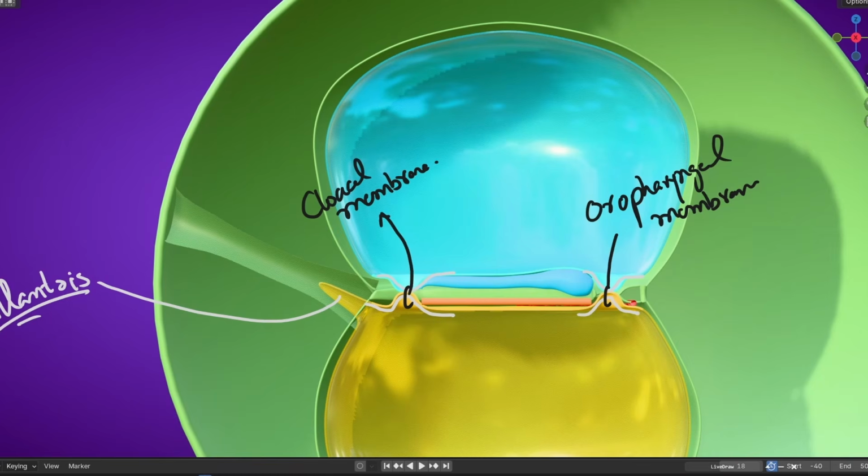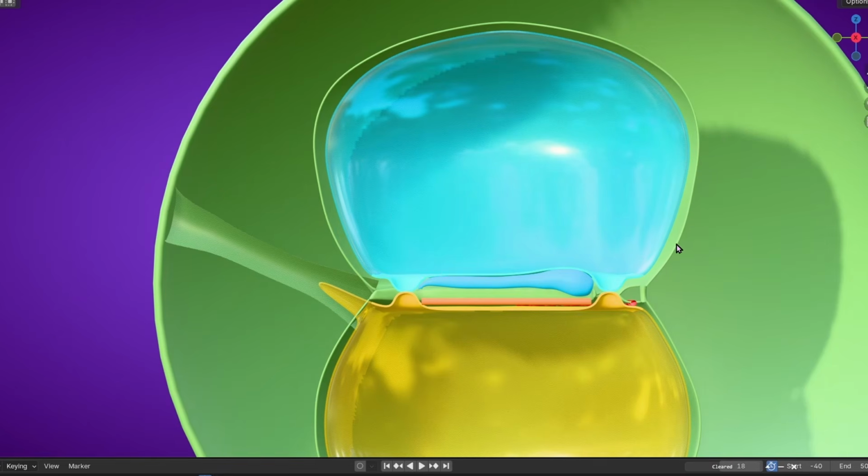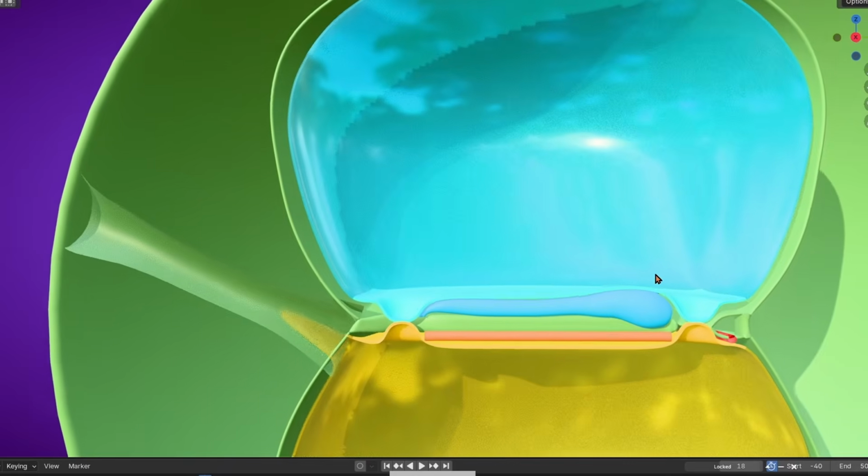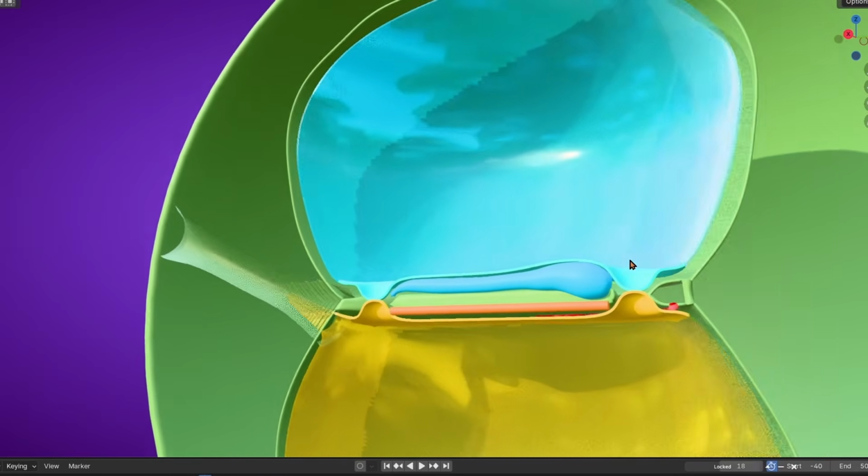Oh, yeah, and another important structure that I totally missed here. That's very important. What is this? You can see this structure here. This structure is called the septum transversum. So basically, let me go a little deeper here to show you what I am talking about.